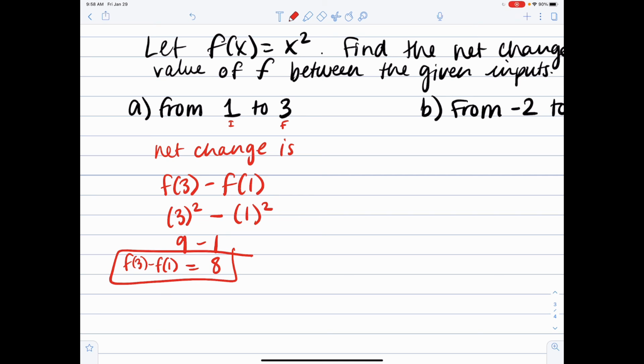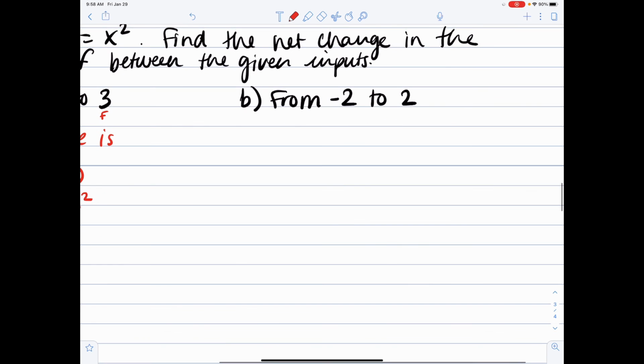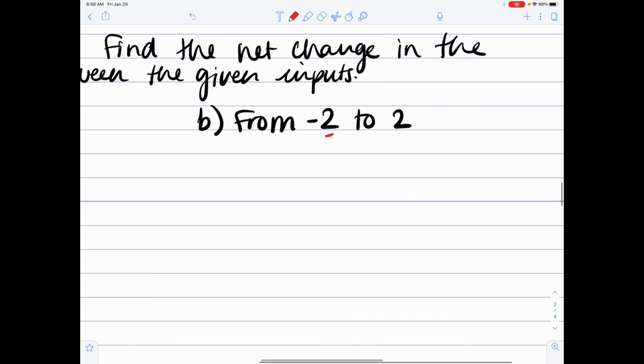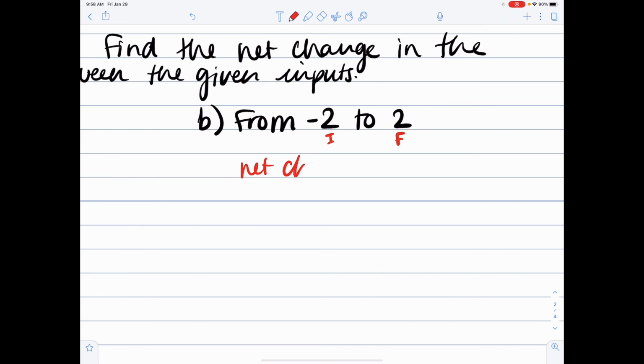Okay, and then the net change of f from -2 to 2. So remember, this is where we start, initial, this is where we end. So we need to subtract final minus initial to get the net change, the difference. So that's going to be f of 2 minus f of -2.